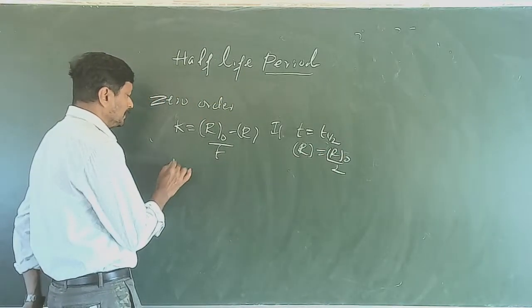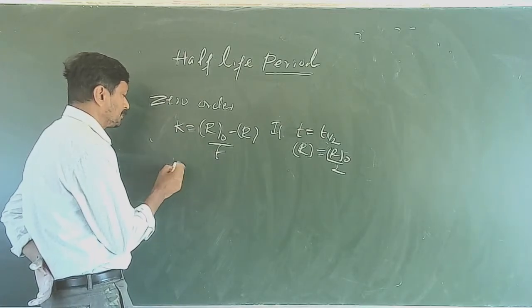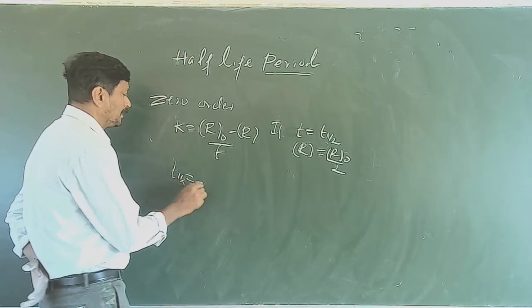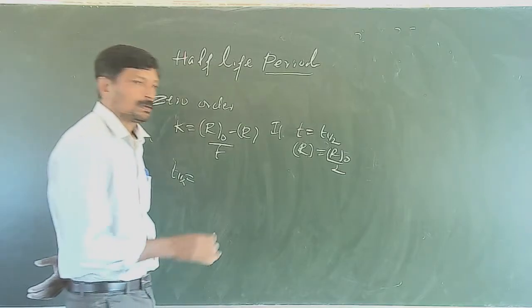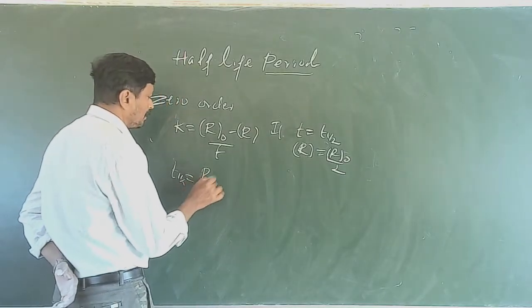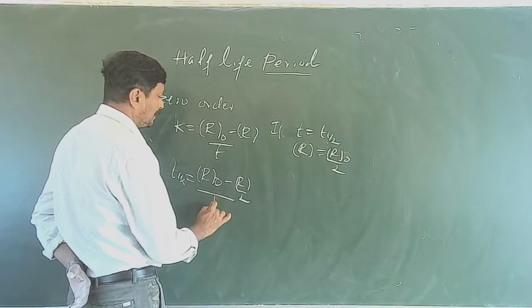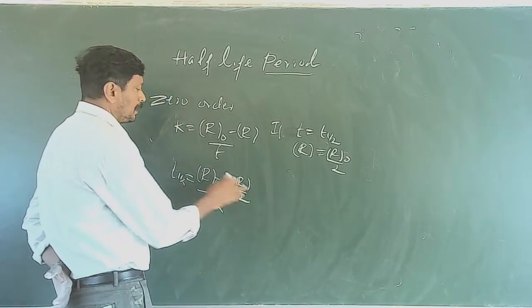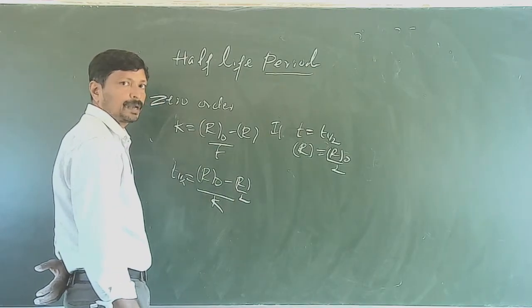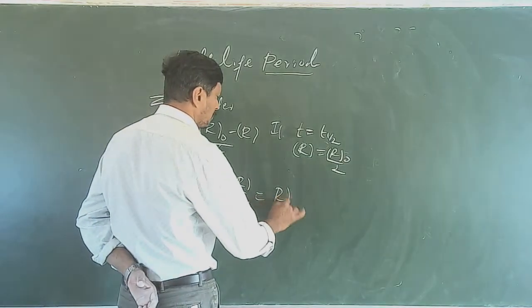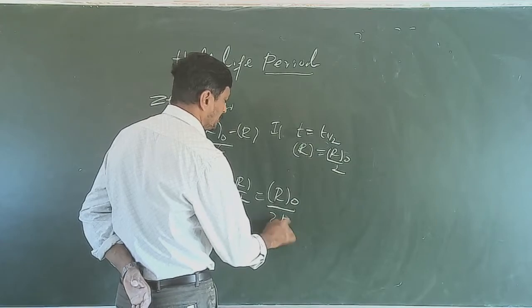Then what happens? T half is equal to R naught minus R naught by 2 divided by K. R naught minus R naught by 2 is equal to R naught by 2. What will you get? R naught by 2K.